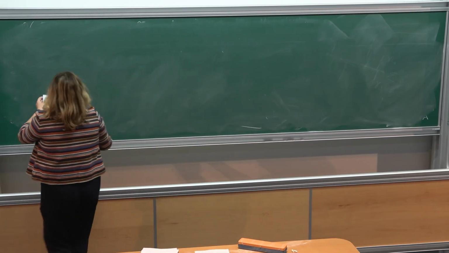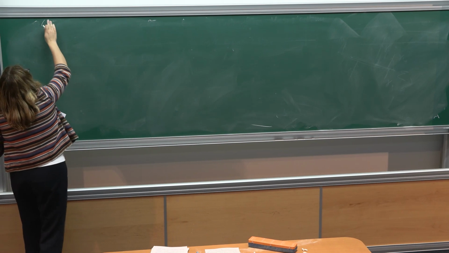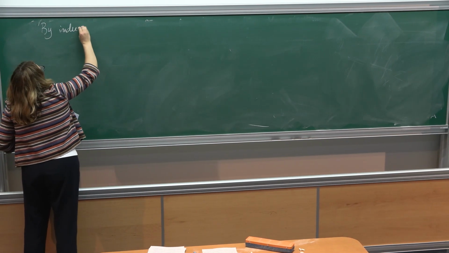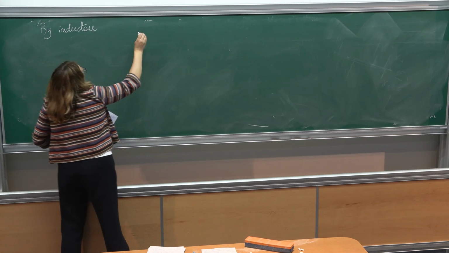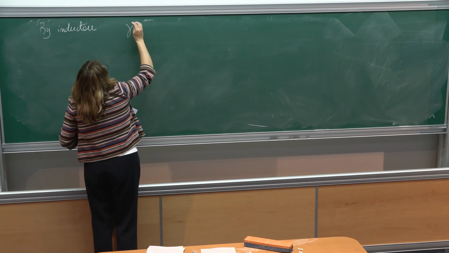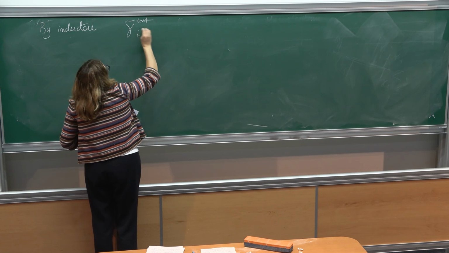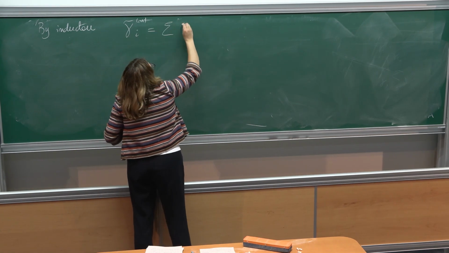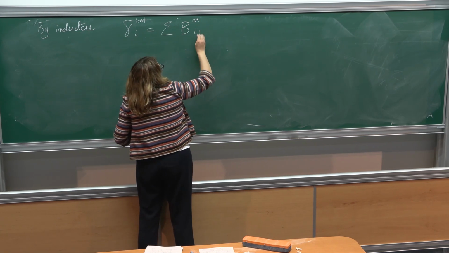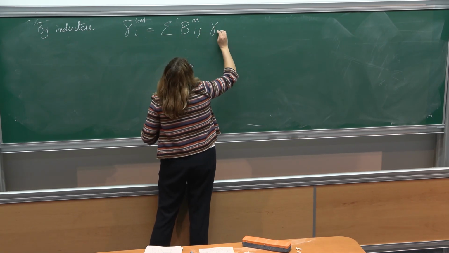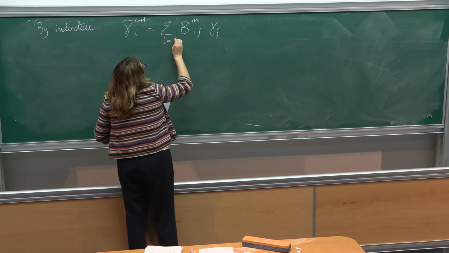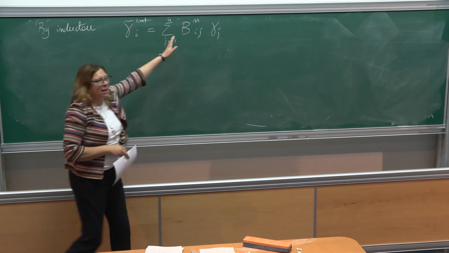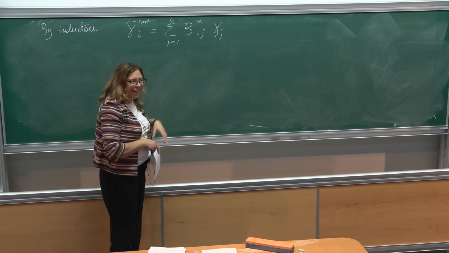And now, by induction, gamma tilde n i is the sum over j from 1 to 4 of B n ij gamma j. So this is the nth iterate. I multiply by the matrix to get the next one.